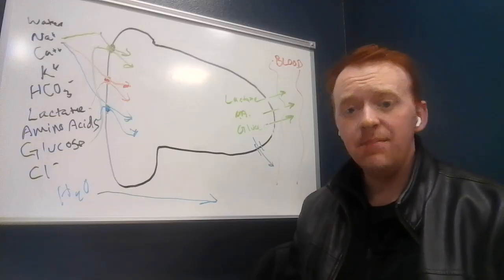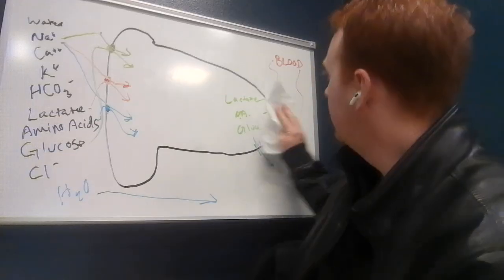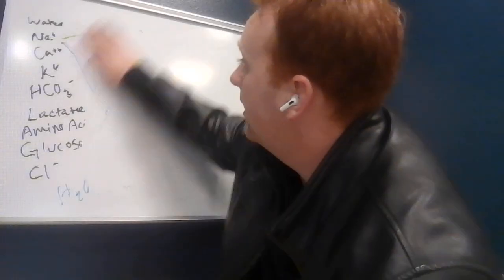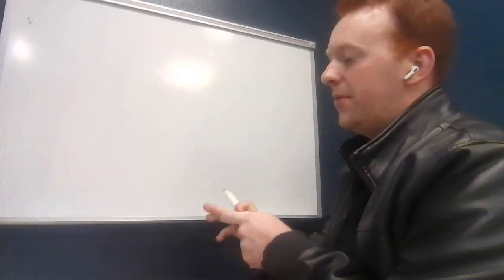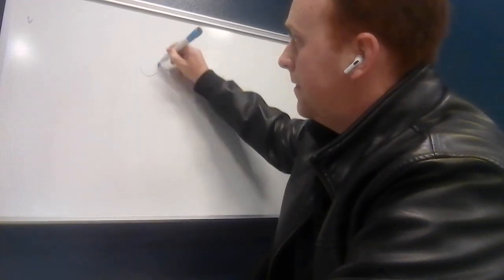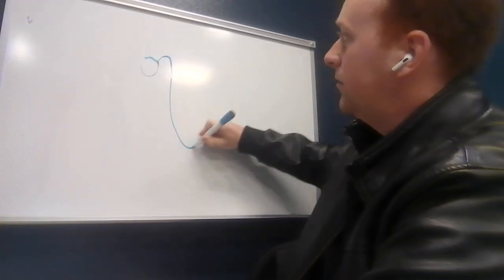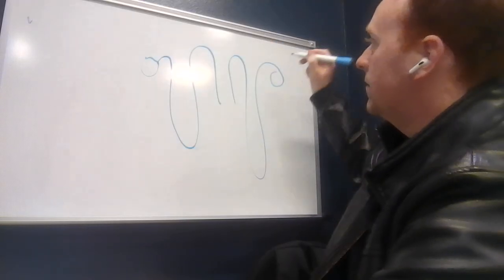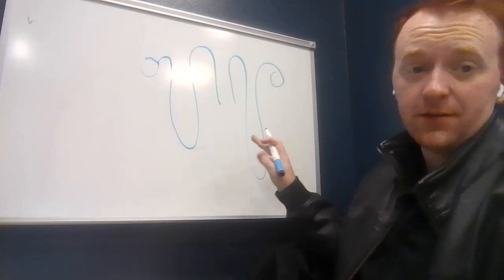The ascending limb of the nephron, I might draw this out so that you can see it again. Do you remember seeing something like this with a circle and then it goes down and up and then down, up. There's a circle here. So these are our nephrons.